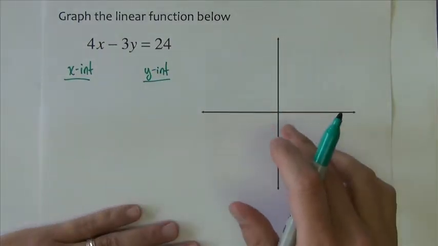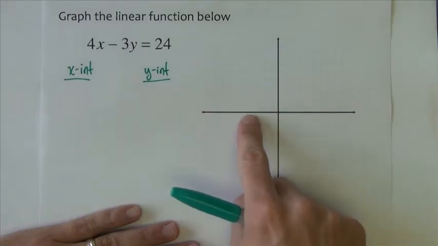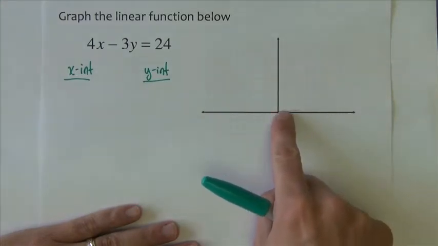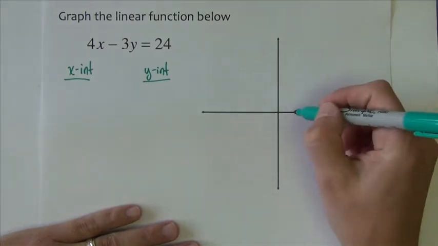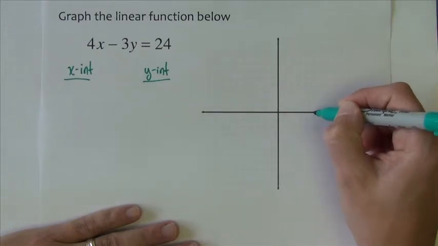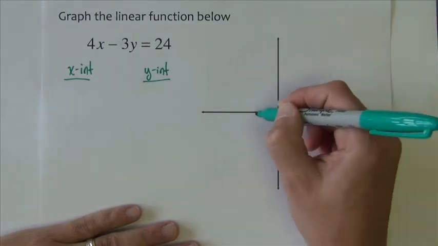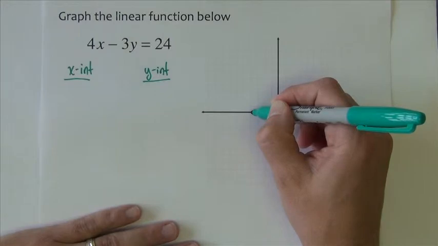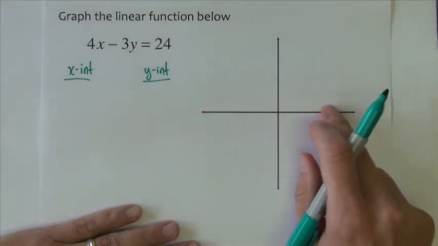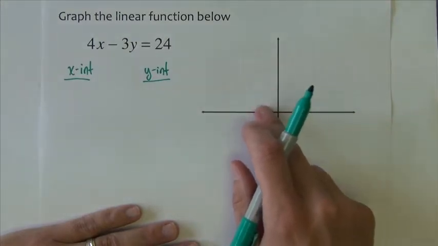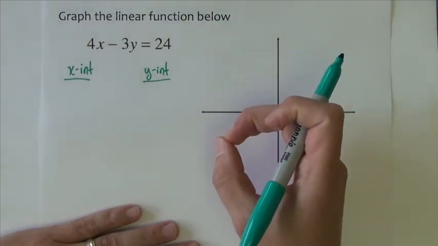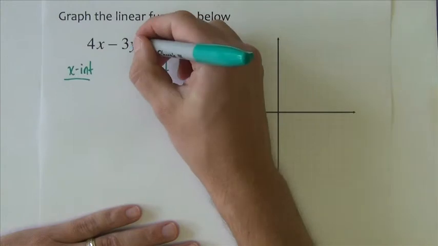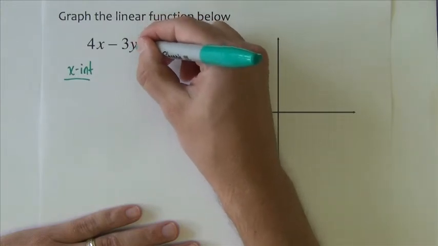Think about any point on the x-axis, like this one right here, the point (2, 0), or this one, the point (5, 0), or this one, the point (-4, 0). They all have one thing in common: all the points that cross the x-axis have 0 as their y-coordinate. So to find the x-intercept, we're basically putting 0 in for y.